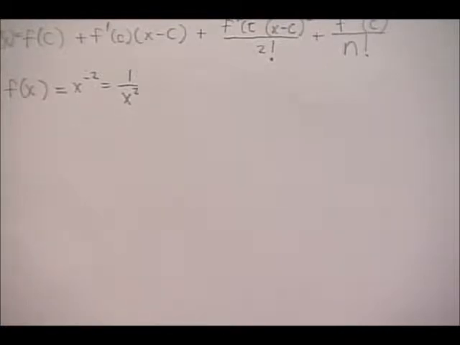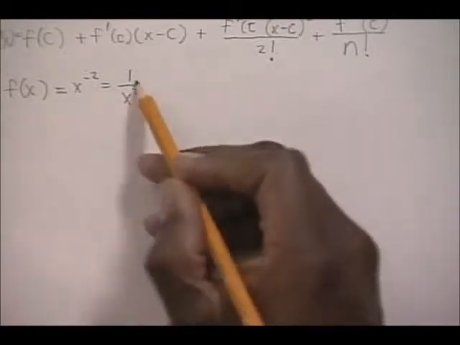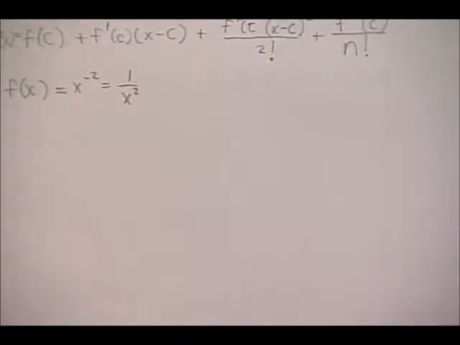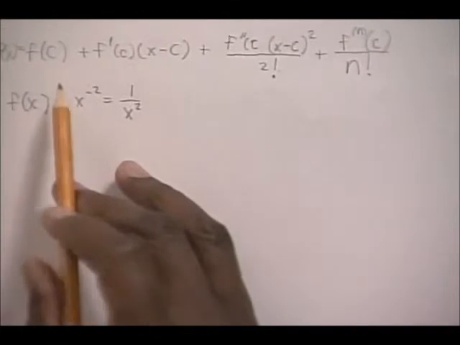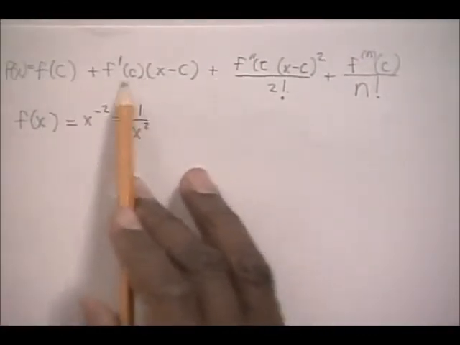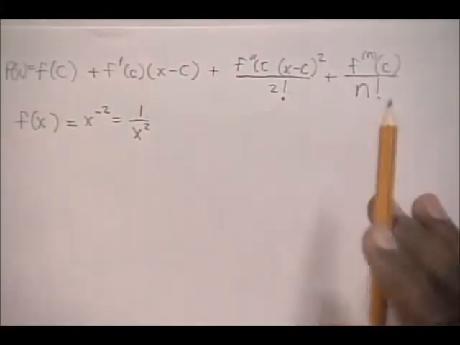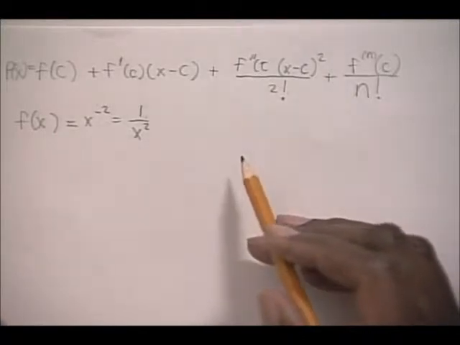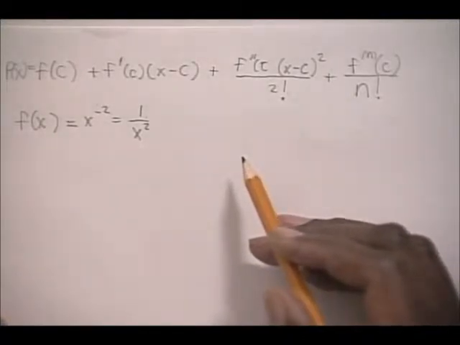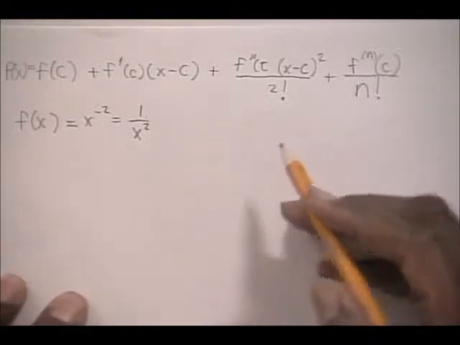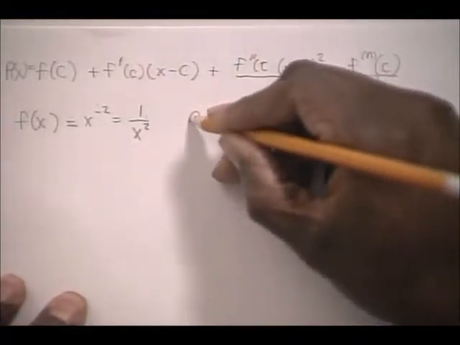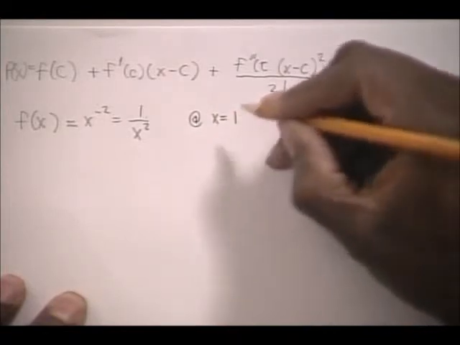But what we want to do is rewrite this very common function as a power series, as a polynomial, as an infinite series. And by the way, they say rewrite this as the nth term in the Taylor series about x is 1. All right, so about x is 1.